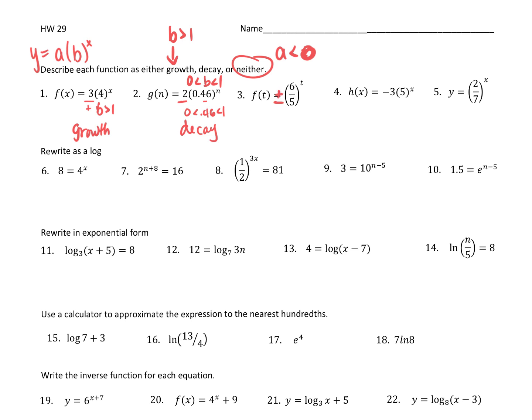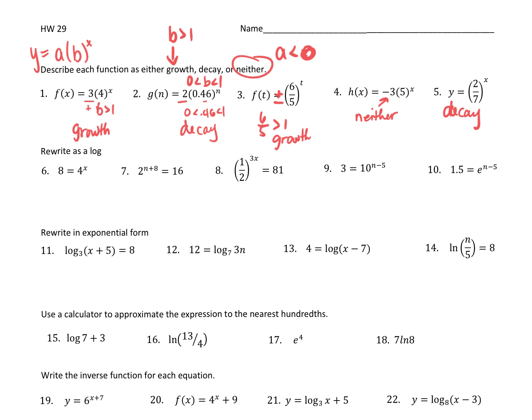Positive 1 in front there, so this is either growth or decay. 6/5 is greater than 1, so this is growth. Number 4, my a is negative, so that means it's neither. Number 5, y equals 2/7 to the x.